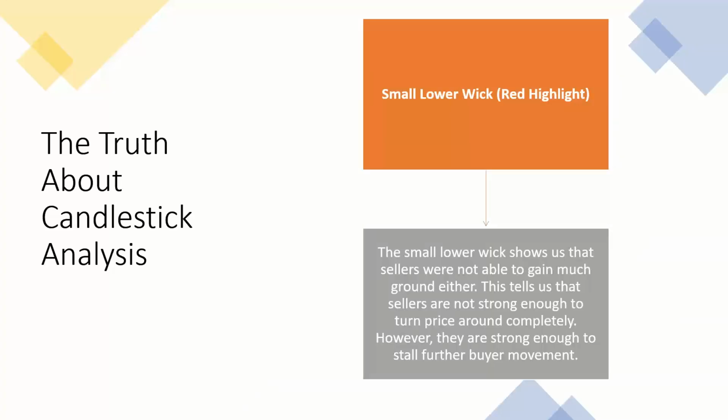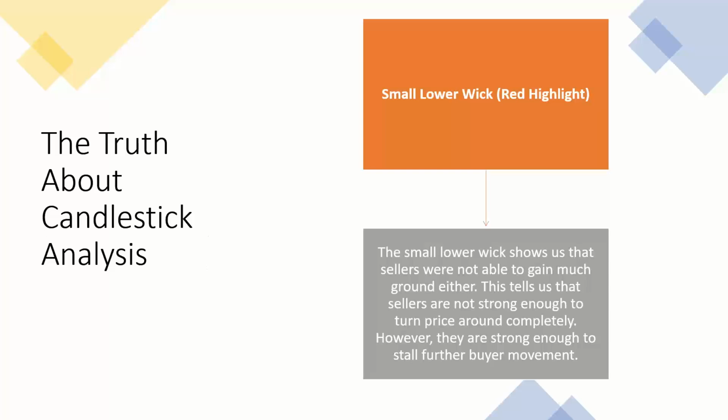It also needs to have a small lower wick, or just the opposite if you're running off of a downtrend. The small lower wick shows us that sellers were not able to gain much ground either. This tells us that the sellers are not strong enough to turn price completely around. However, they are strong enough to stall the buyers from going any further.